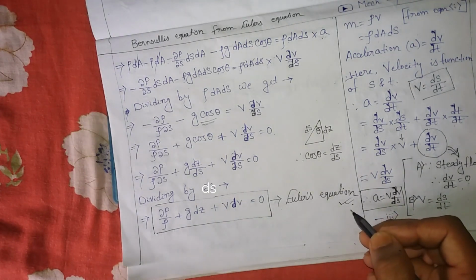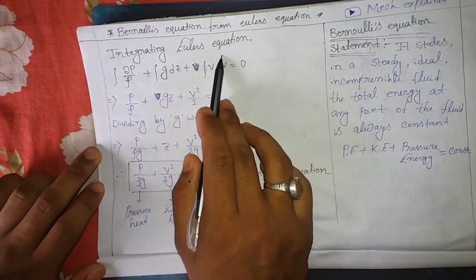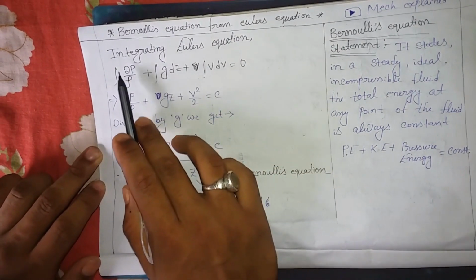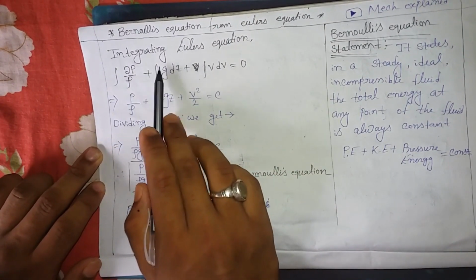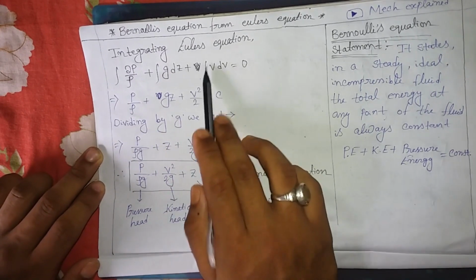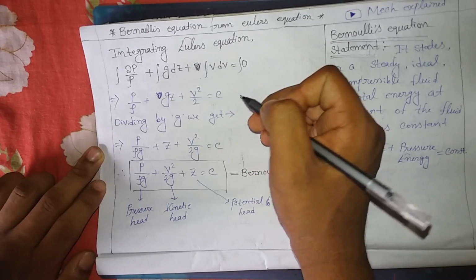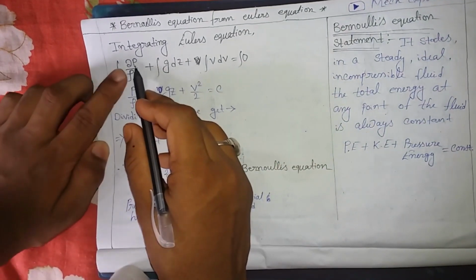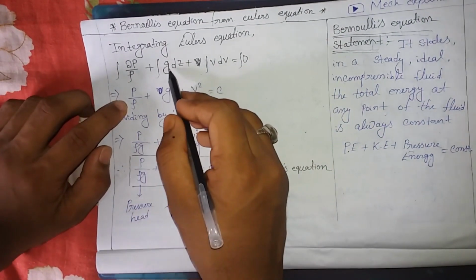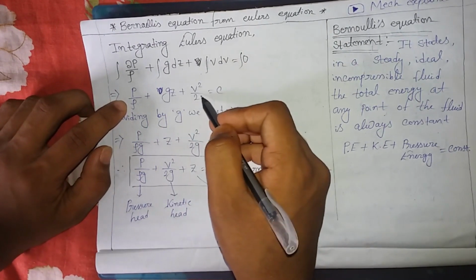Now we'll be deriving Bernoulli's equation. So we are integrating Euler's equation. Integration of del p by rho plus g dz plus integration of v dv equals 0. So this will be p by rho plus g z plus v square by 2.